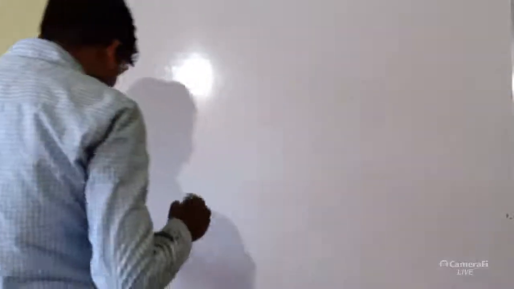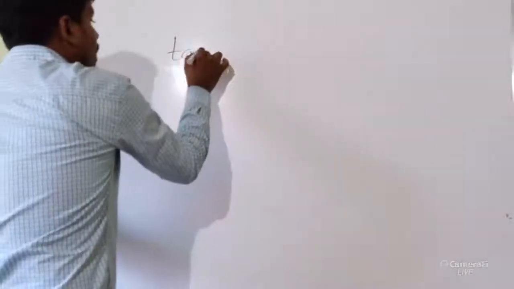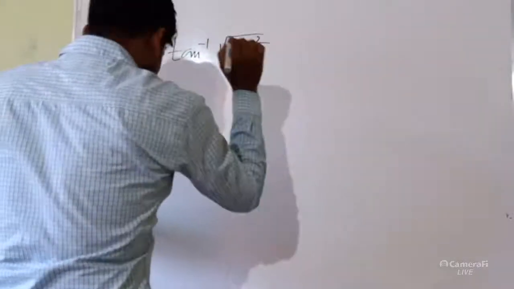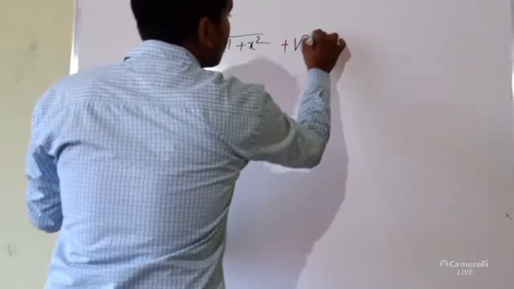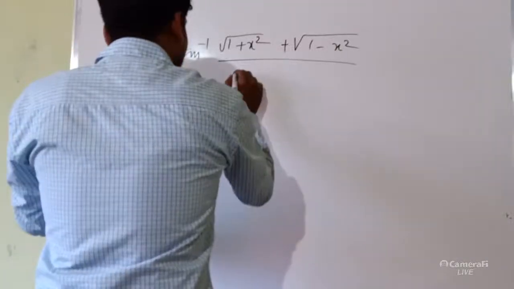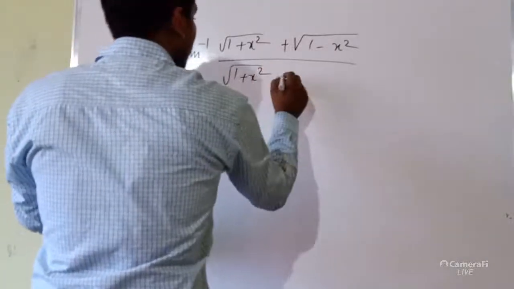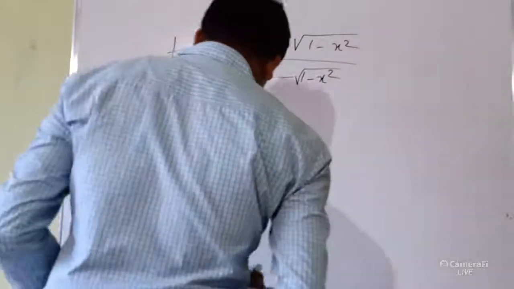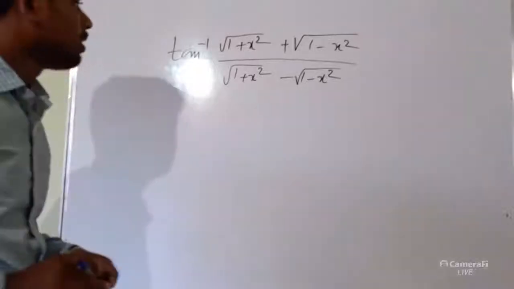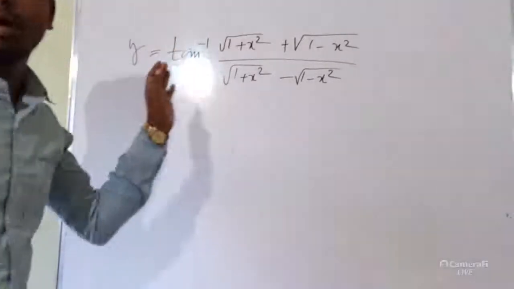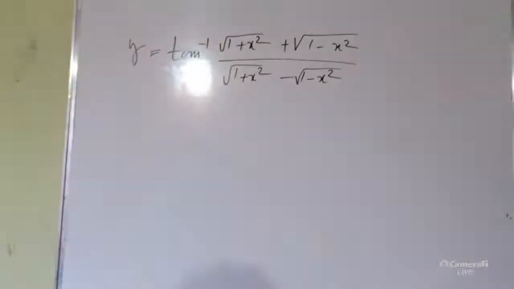The next question is tan inverse of root over 1 plus x square plus root over 1 minus x square, divided by root over 1 plus x square minus root over 1 minus x square. Okay, any doubt? This is y and we have to find dy by dx.